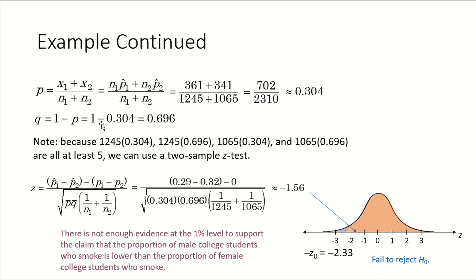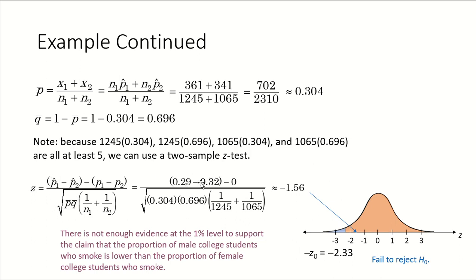And then simply subtracting that from 1 gives us 0.696 for the converse proportion. And we will use that down here when we calculate our test statistic from our standard error of the estimate. And so we're going to plug all the values in.